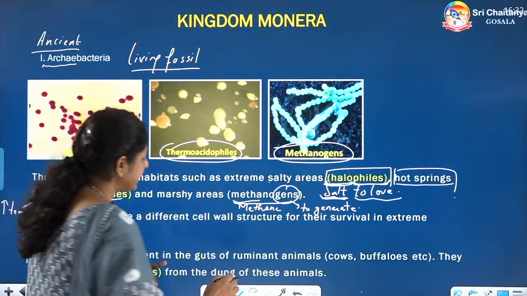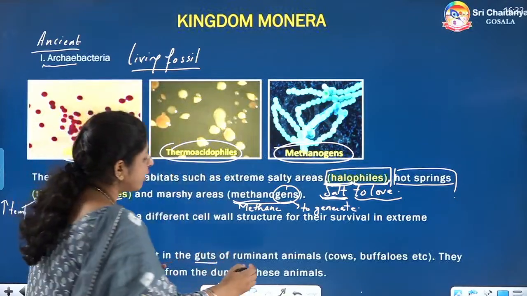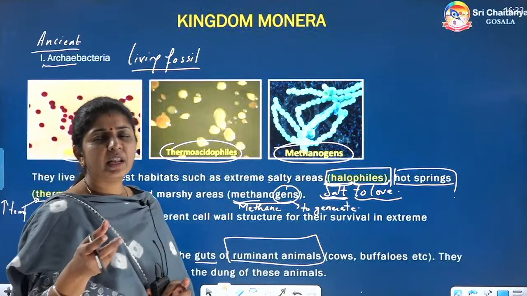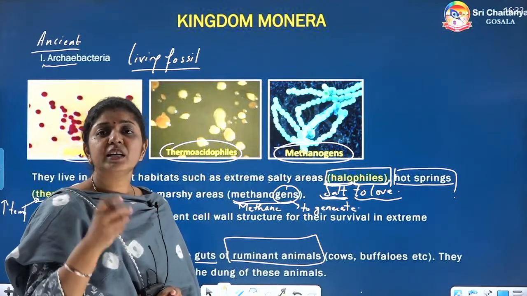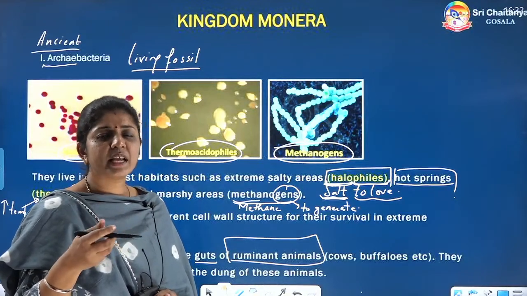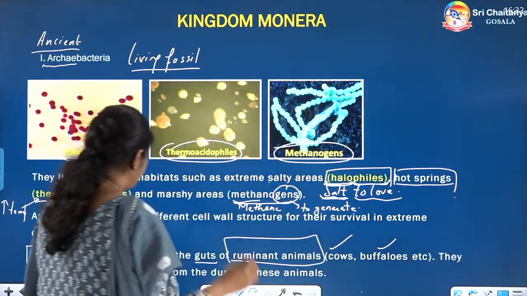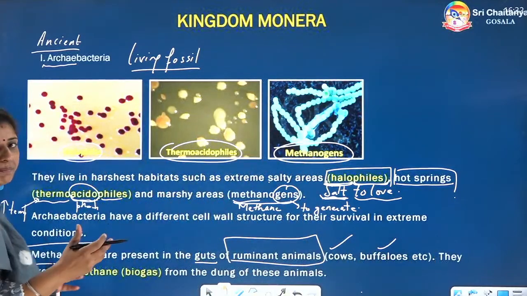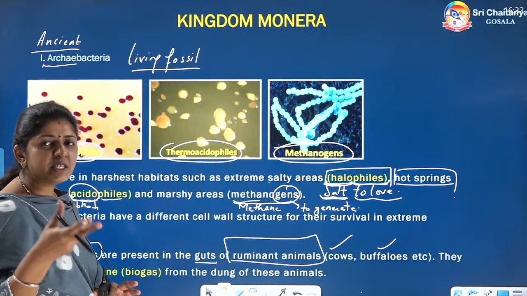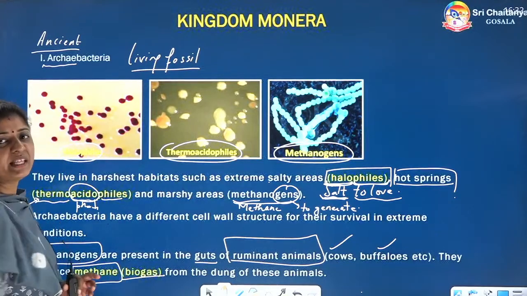These are present mainly in the gut, means in the digestive tract of the ruminant animals, which are herbivores, cud chewing mammals, you call them ruminants. Examples are cows and buffaloes, and they help in the biogas plant, means the excreta of such animals helps in the formation of biogas, which mainly contains methane gas.